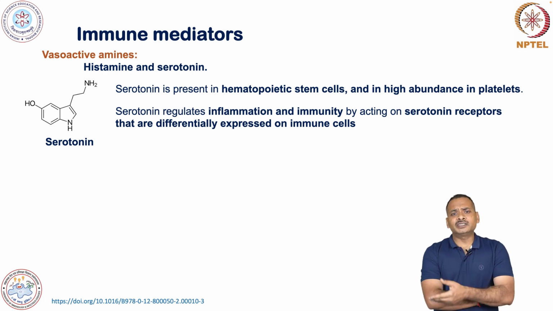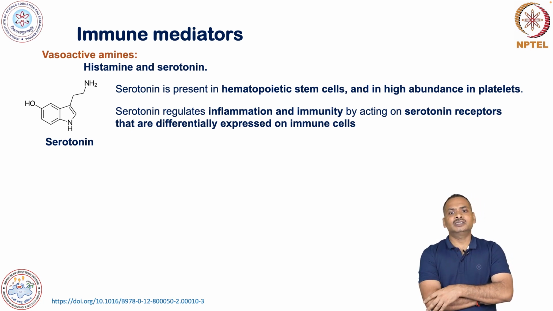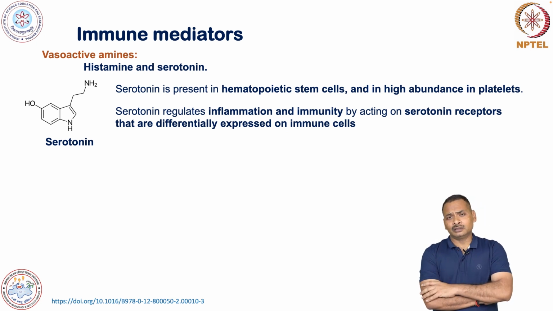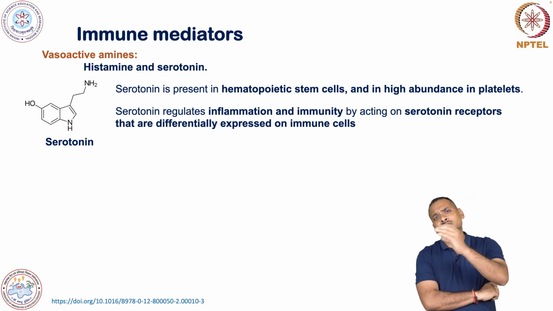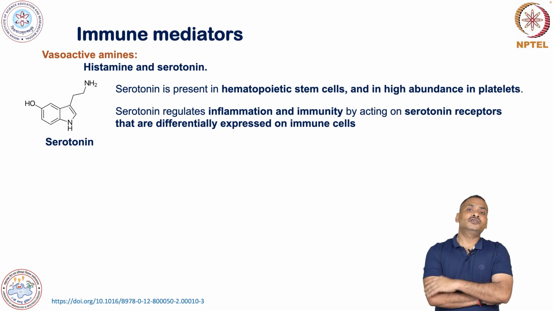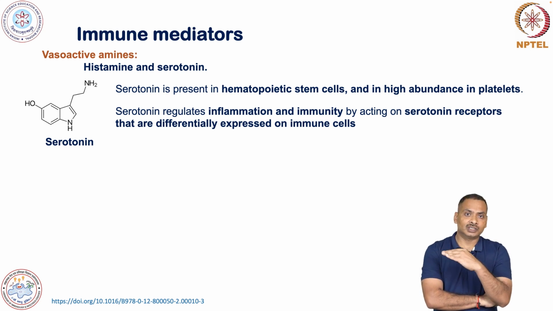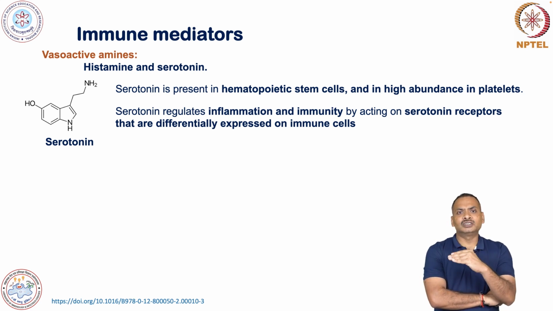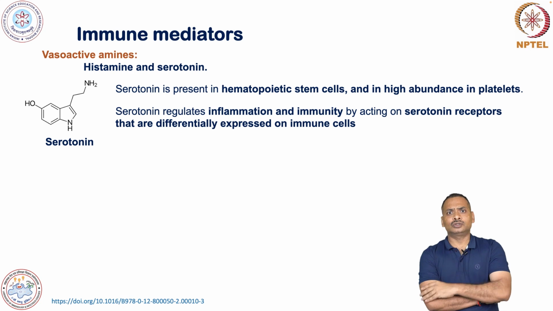Basically, it regulates inflammation and immunity, and serotonin acts through the serotonin receptor, which is differentially expressed over a variety of immune cells. These immune cells have different levels of expression of this serotonin receptor.